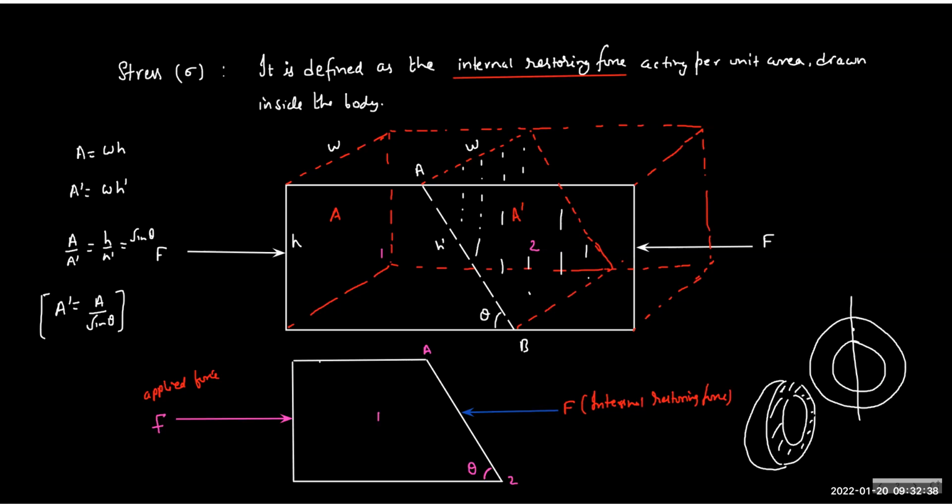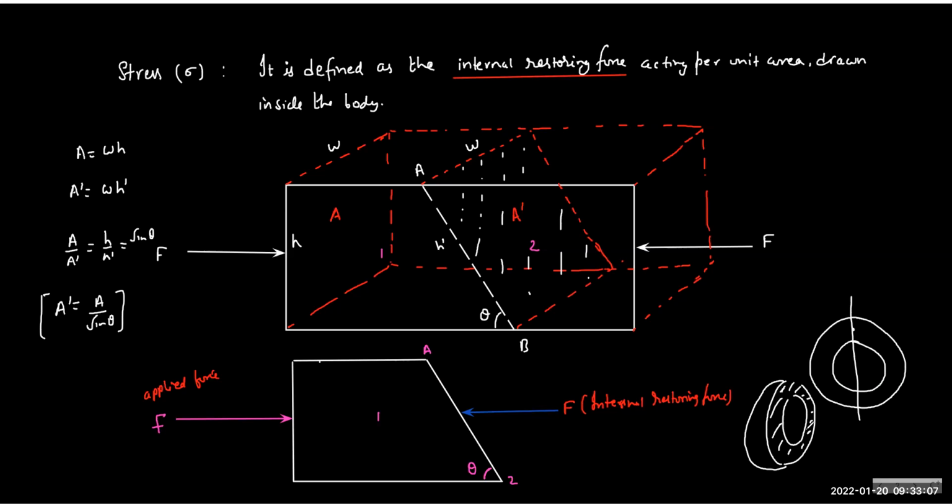You have to cut the body. Now cutting can take place in a more informative manner, like if we know that if I cut like this, I can do the calculation easily. So we'll do that. So generally we cut the object in a symmetrical fashion if possible. Let's say if you have a sphere, or a cylinder, I'll cut in two halves for the sake of calculation of internal forces.